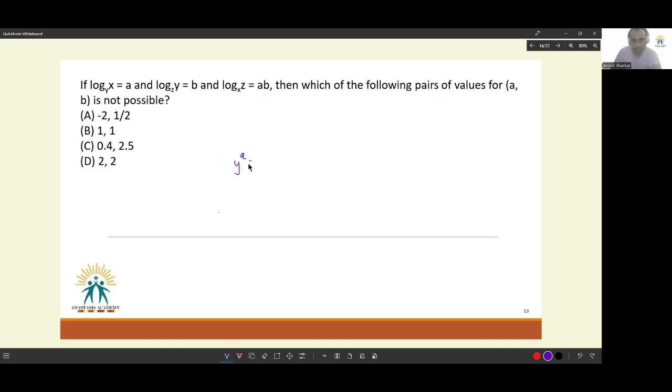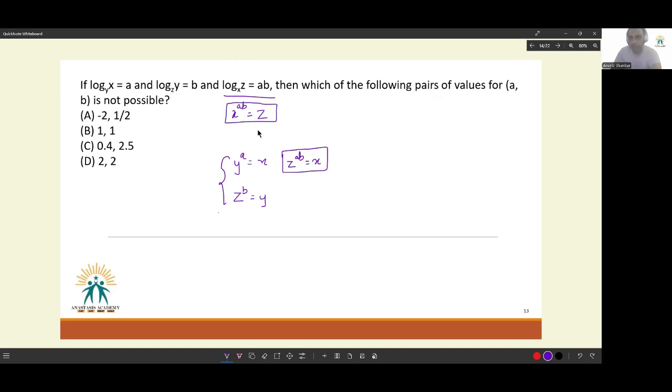Y raised to the power a is equal to x, z raised to the power b is equal to y, or can I go on to say z raised to the power ab is equal to x. Utilizing these two, I get z raised to the power ab is equal to x. And from this, which is wonderful, this tells us x raised to the power ab is equal to z.